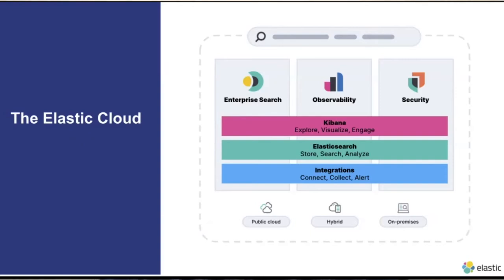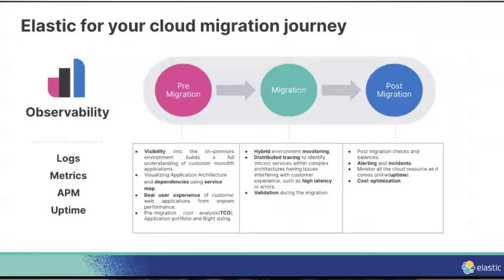So Elastic Cloud is the easiest way to consume the Elasticsearch platform. Elastic Cloud includes all the pre-built solutions like observability, security, and enterprise search. And then also how Elastic is going to help you in your cloud migration journey.